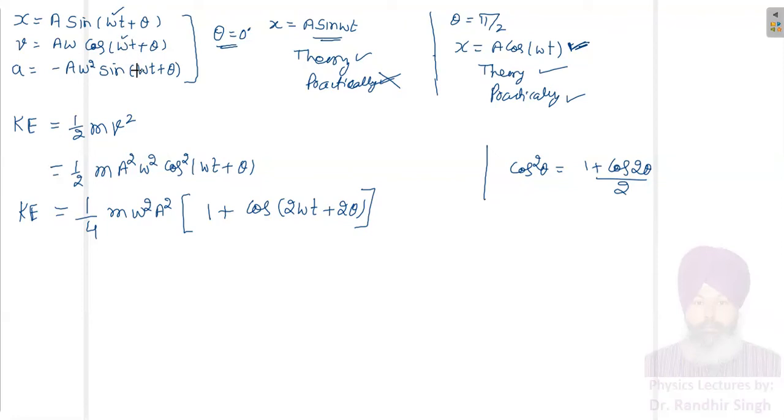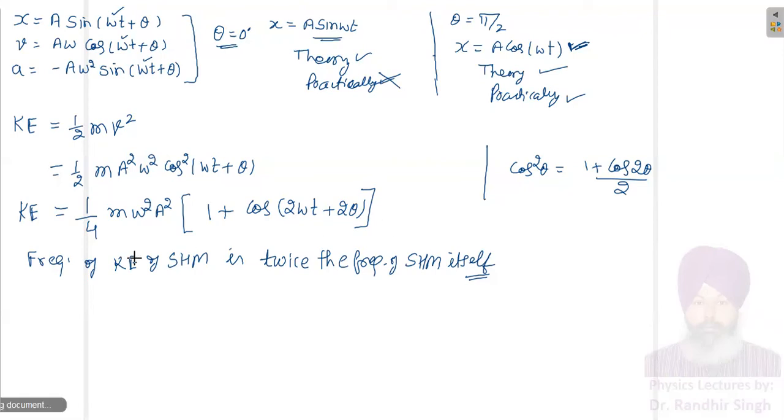It means if simple harmonic motion repeats its values once in 5 seconds, then in these 5 seconds kinetic energy will repeat its values twice. So please remember, the frequency of kinetic energy of SHM is twice the frequency of SHM itself.